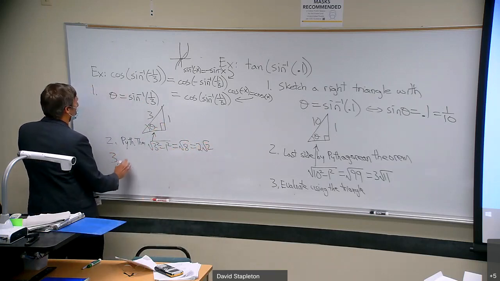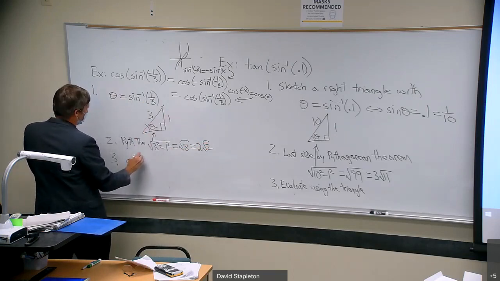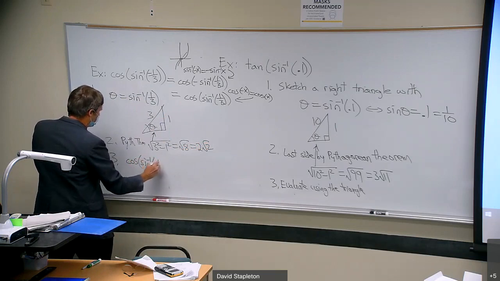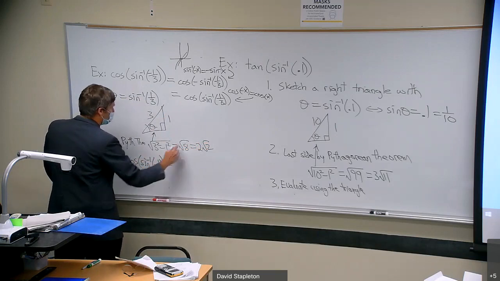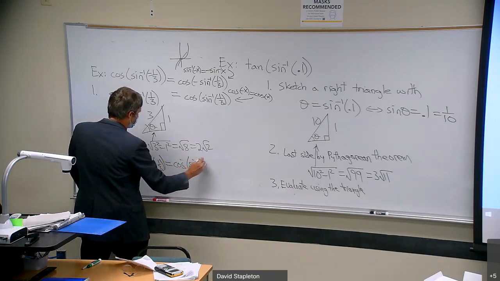3. I'll use this one. Well, the cosine of the arc sine of minus 1/3 is also, from this one, the cosine of the arc sine of plus 1/3. That I just calculated.